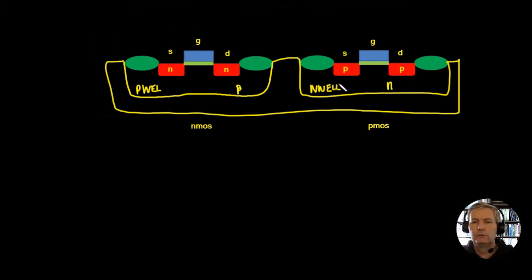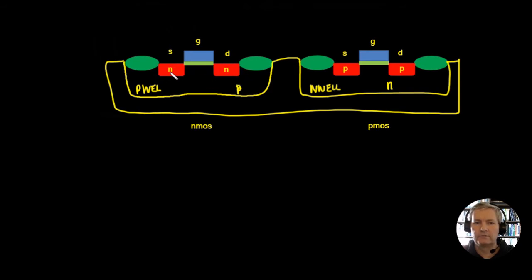Now another thing to note here is that this area here, which is really the source, which is the N-type, the drain, and also the channel between them, this whole area is something called the active region. So we'll go back and we'll have a look at the actual design of our transistor in our electric EDA tool, and we'll look at these areas here, the active region.